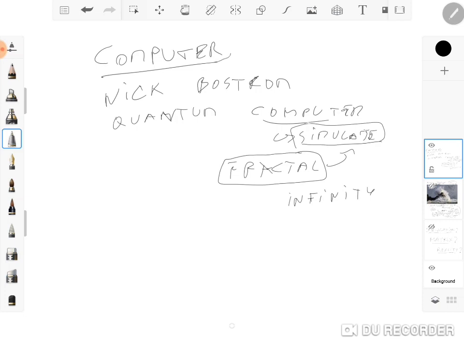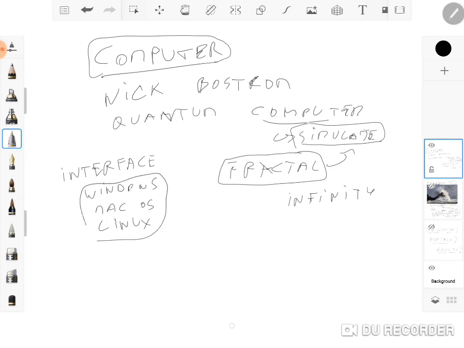Why do I use the metaphor of a computer? Because it's the same principle as the reason why we have an interface like Windows or Mac OS or Linux on our computers. Imagine if you'd have to interact with your computer with just zeros and ones. You do agree that all that's real inside the computer is just zeros and ones.